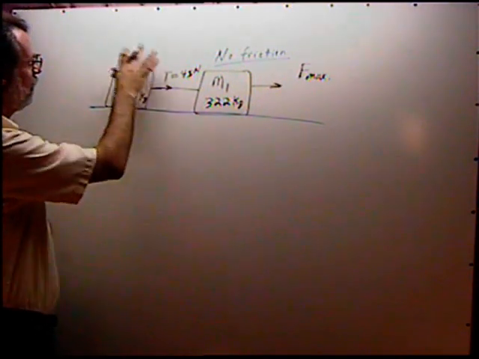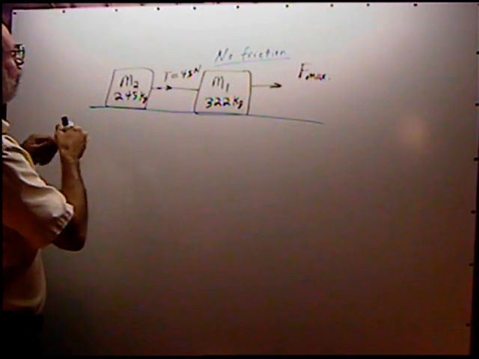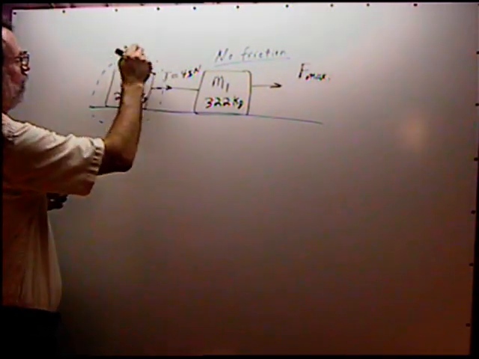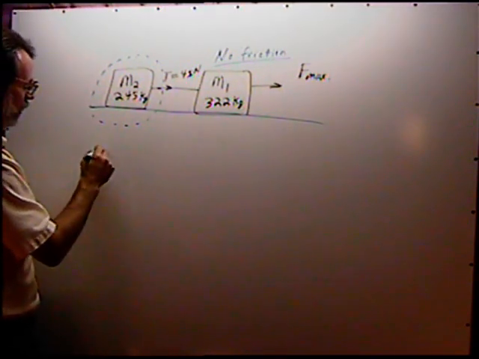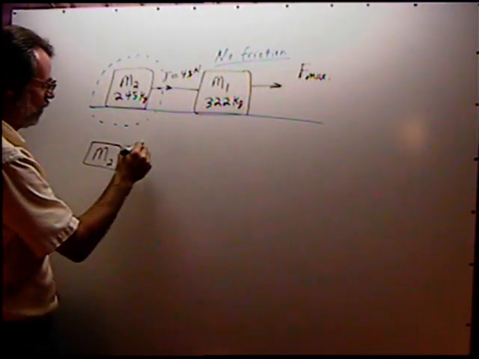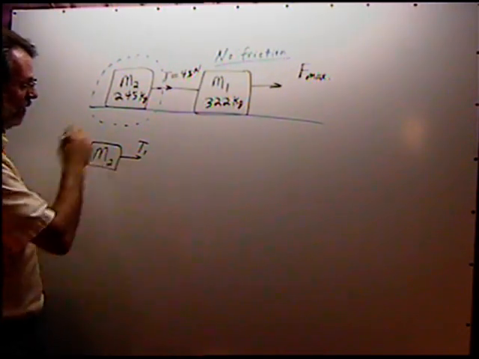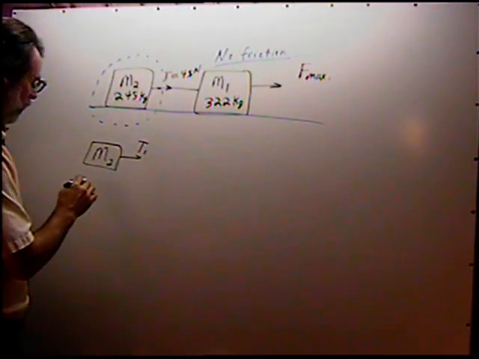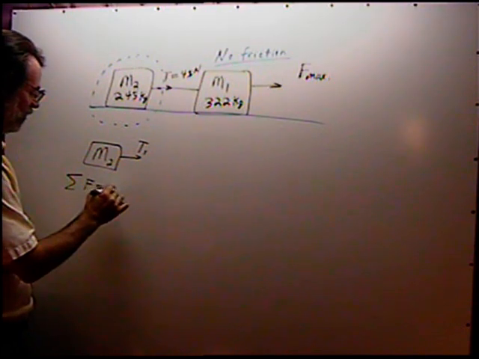Okay, both of these are moving at the same speed. So let's look at this first one. If I draw a little circle around M2, here's M2. M2 feels a tension on it, that's T1. Let's apply Newton's second law just to here. The sum of the forces equals mass times acceleration.